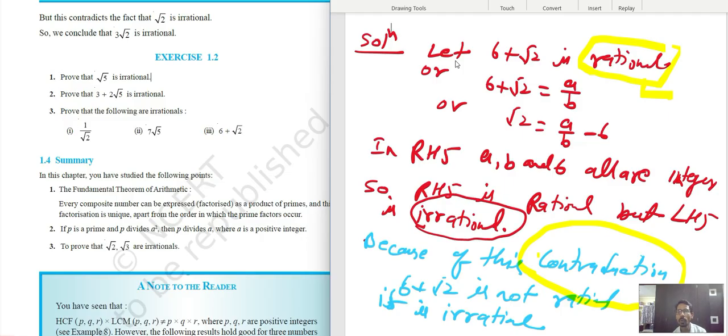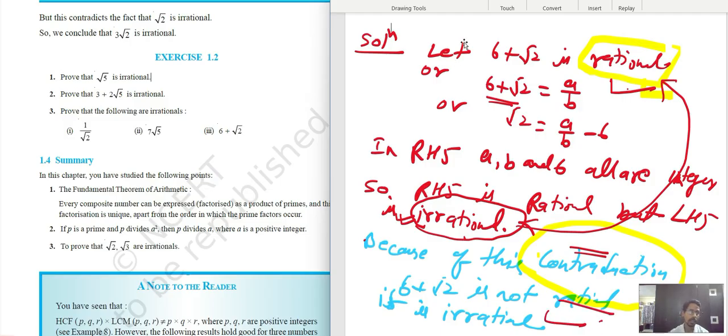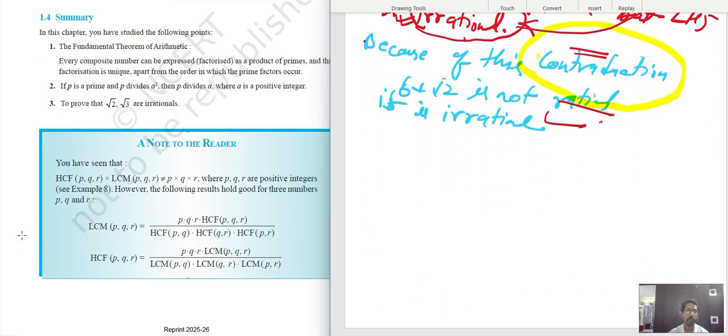Got it? What we let for the LHS, it is rational, and what is it coming here, it is irrational. So just opposite things are coming, that is called contradiction. Okay, so because of this contradiction, what we assumed is incorrect. So correct is what, just the opposite. So if it is not rational, then it will be irrational. Got it? This much only was in this exercise.